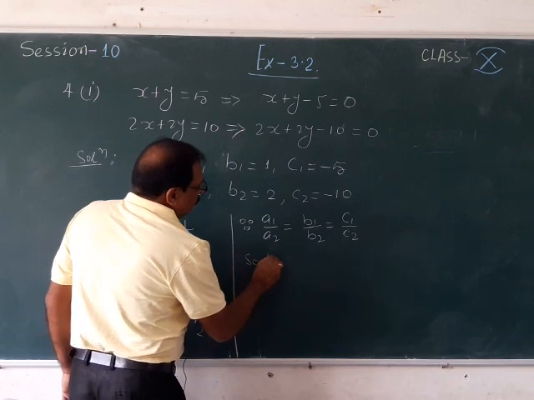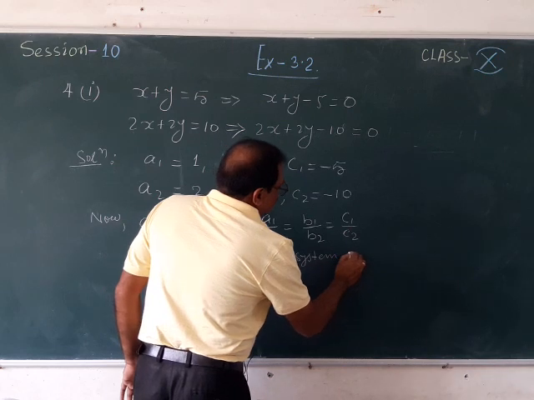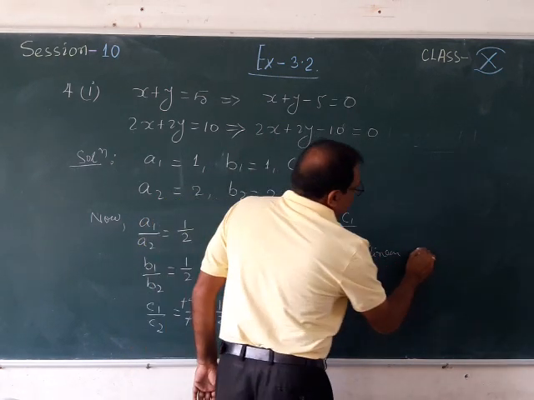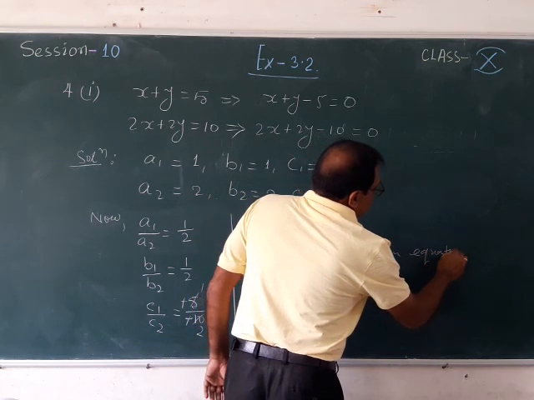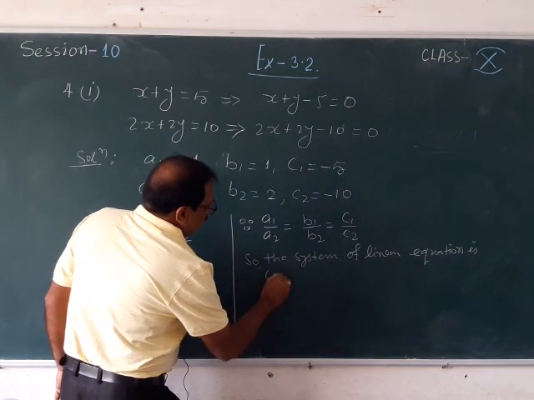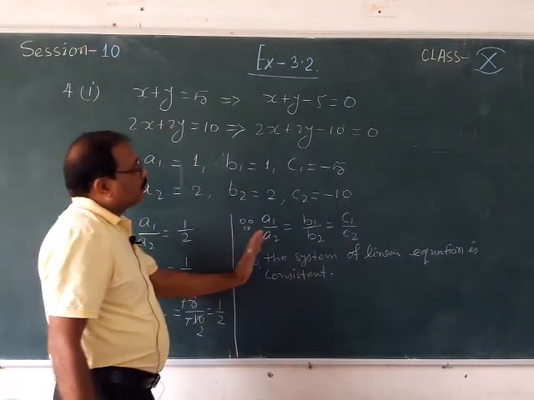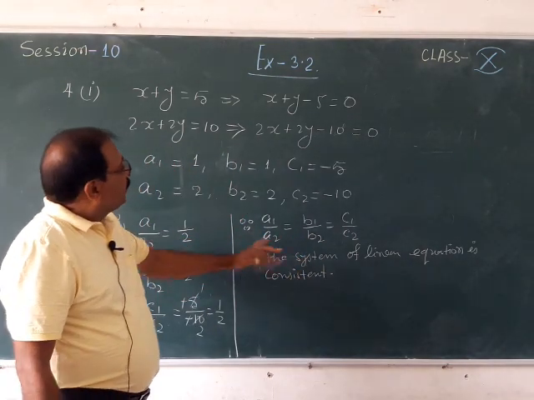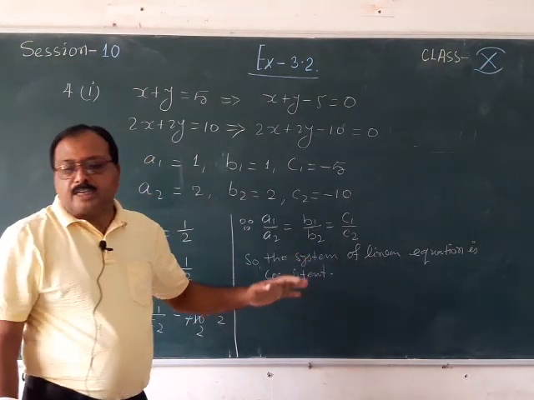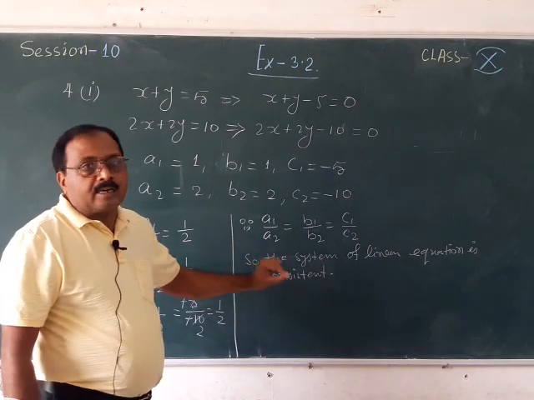So, the system of linear equations is consistent, and according to the given condition we can say that it is having many solutions. It is having many solutions because they are dependent.